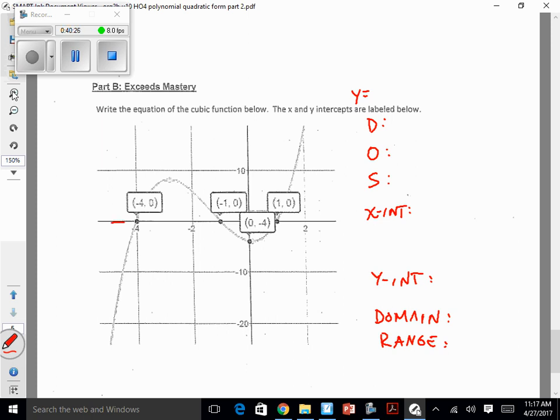The reason I'm doing this is some students would include a number that is not one of the x-intercepts. So let me ask this. Look at the board. Which one of the four is not an x-intercept? Zero, negative 4. Do me a favor. Highlight the y-axis in a different color. That way, your x-intercepts will all be red, and your y-intercept is going to be green.